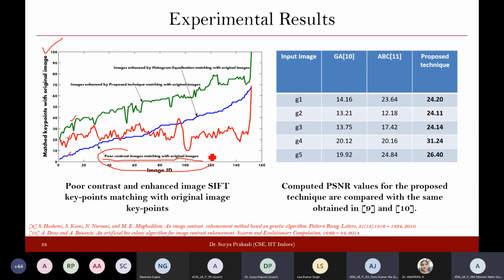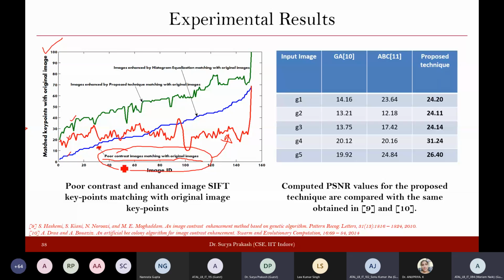So here, images with the original, the curve is going below. Actually, there's a problem in the drawing. This is actually about the red curve. Let me just change this.